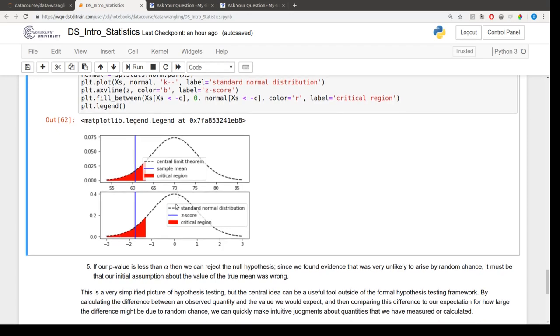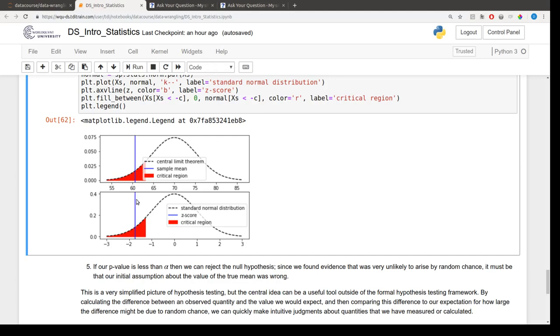This bottom plot that looks almost identical just has a slightly different x-axis. Here, we plot the standard normal distribution, centered at 0, with a standard deviation of 1. The z-score corresponds with the sample mean scaled to the scale of the standard normal distribution.